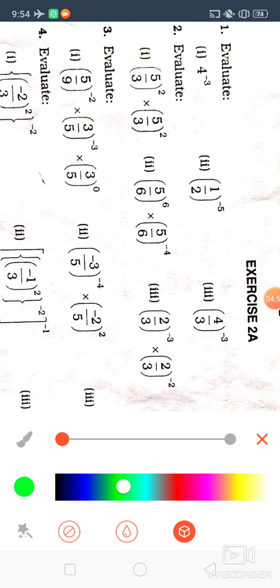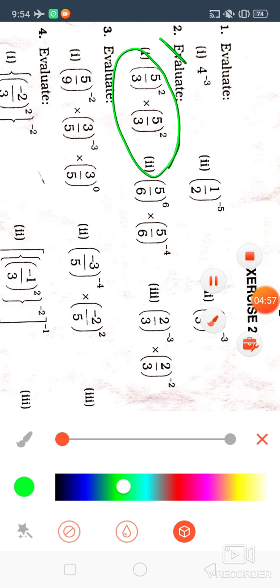Second part, first question. We'll solve this second part, first question. So what is your question given here? 5 by 3 to the power 2 into 5 by 3 to the power 2.